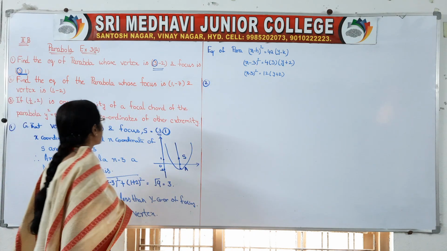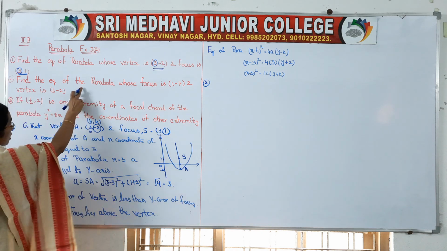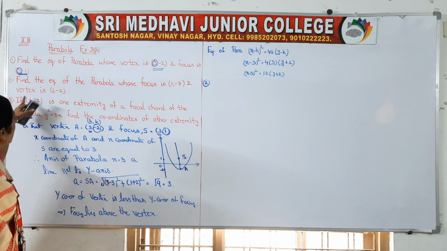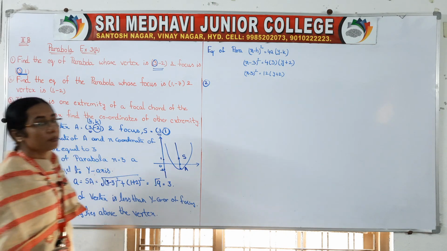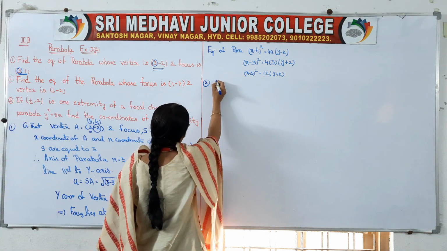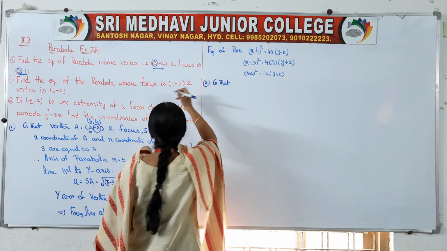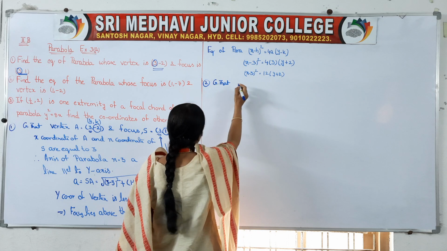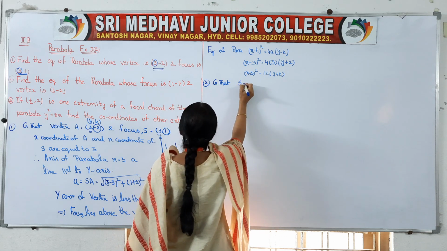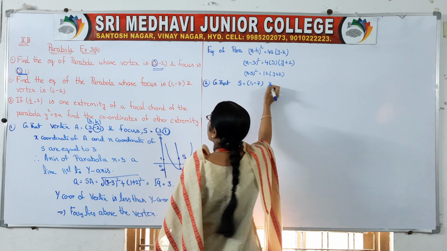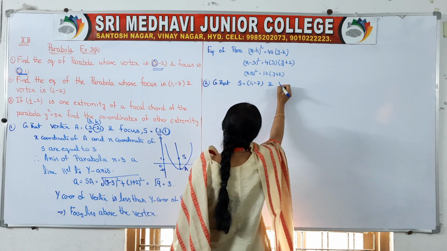What is your second question? Find the equation of the parabola whose focus is (1, minus 7) and vertex is (1, minus 2). So come on, write down, given that, what is the information given to you? Focus is given, so S is equal to (1, minus 7) and vertex is given to you, right?